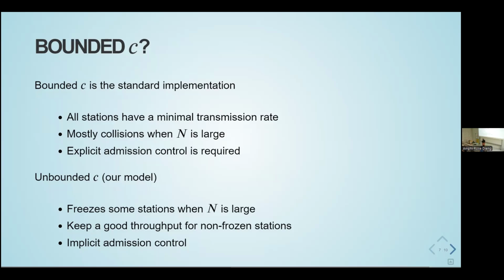But with our model, where we just remove this assumption that you have a cap, a maximal value to the contention window, then you have an automatic freeze of some stations, of actually a large part of stations, to allow a few stations to have a decent rate.